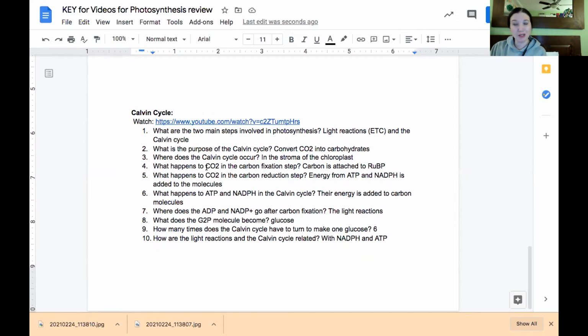It doesn't quite make it into glucose. There's another reaction that makes it into glucose eventually, but you get really close to that. So you're making carbohydrates. You're putting energy into bonds between carbons. So let's make that happen. So again, pause the video, make sure that you have the answers to this, and then we'll draw it. So I'll meet you at my other computer.